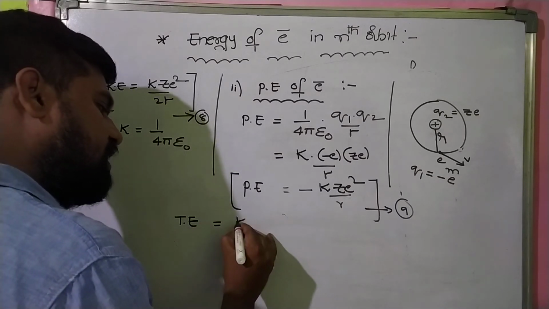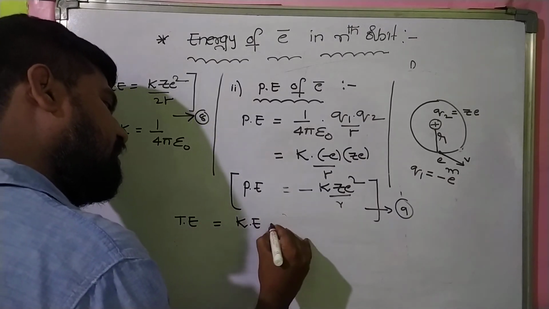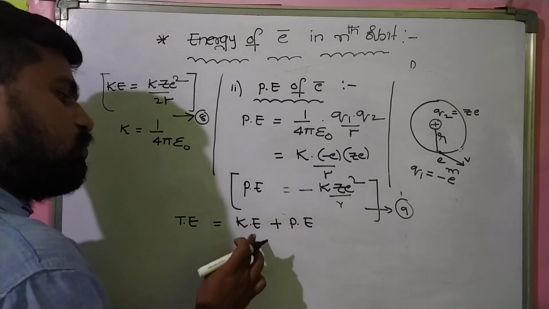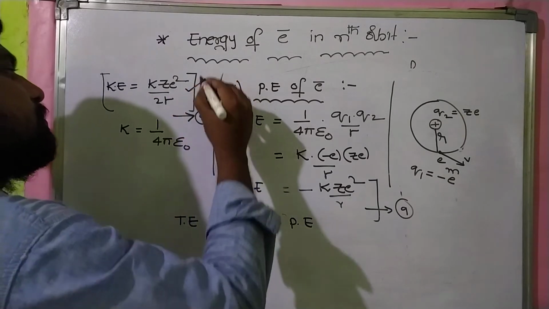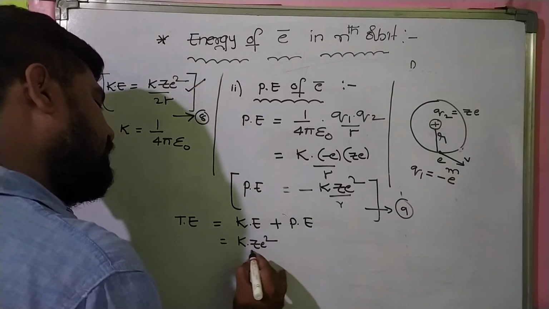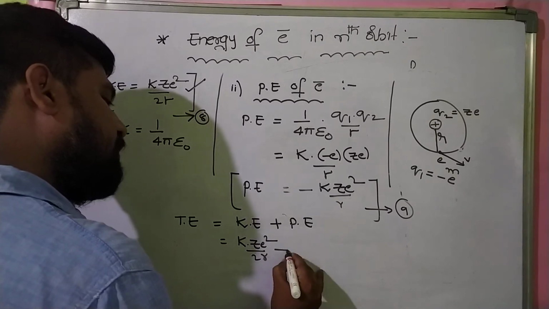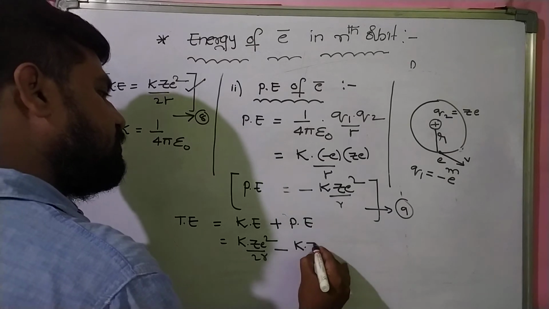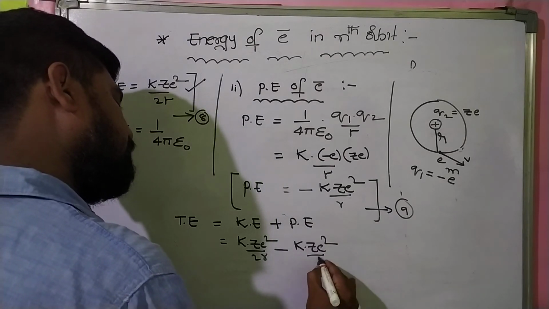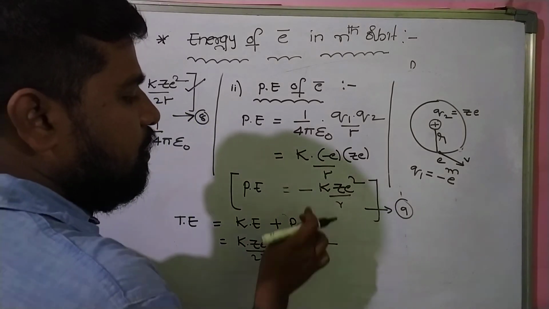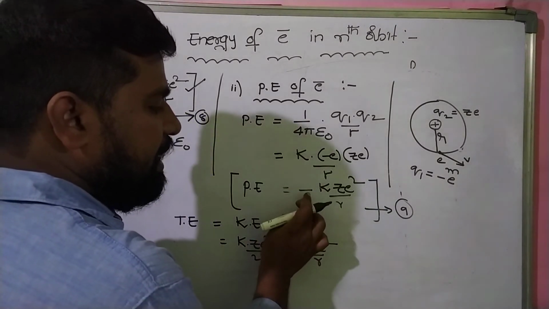the sum of kinetic energy and potential energy. So what is the kinetic energy? This value, K into Z e square by 2R, minus, what is the potential energy? Minus K into Z e square by R. Some people have one doubt: why is the potential energy negative?